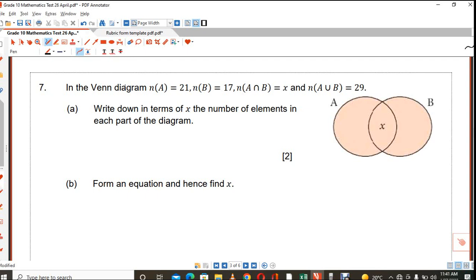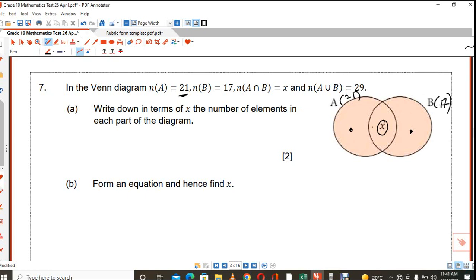Let me explain to you. There are people who are introducing things that are not there. Nobody said you must come and put a rectangle here. Number one, there's no need for it. And something else. If this is x, like set A consists of 21 things, that means this x plus something here should give you 21. Set B is this x plus something here should give you 17.